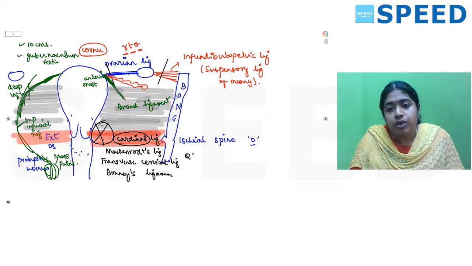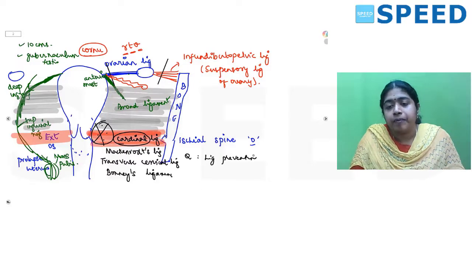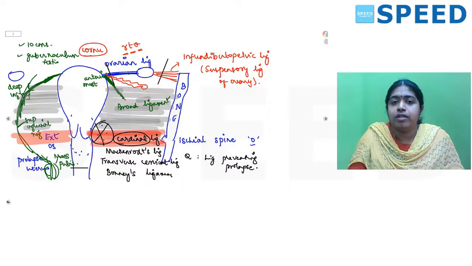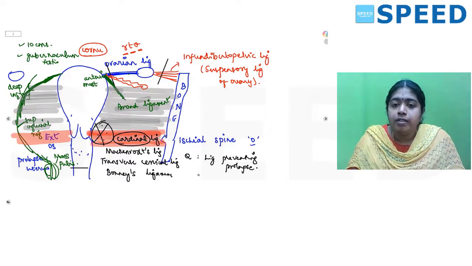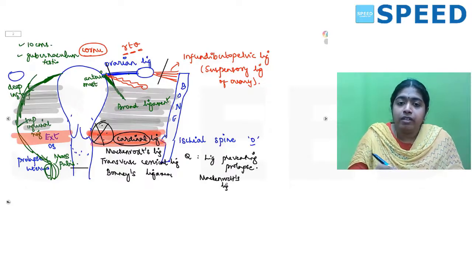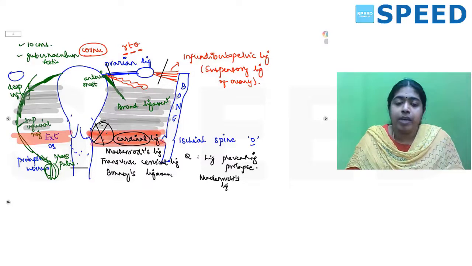In the exam, they'll ask a very often repeated question: which ligament prevents prolapse? Is it the broad ligament? No, not at all. Is it the ovarian ligament, the infundibulopelvic ligament, or the round ligament? No, it is Mackenrodt's ligament. If the question is asked in a different way, such as which ligament maintains the external os at the level of the ischial spines, then also you say it's Mackenrodt's ligament.